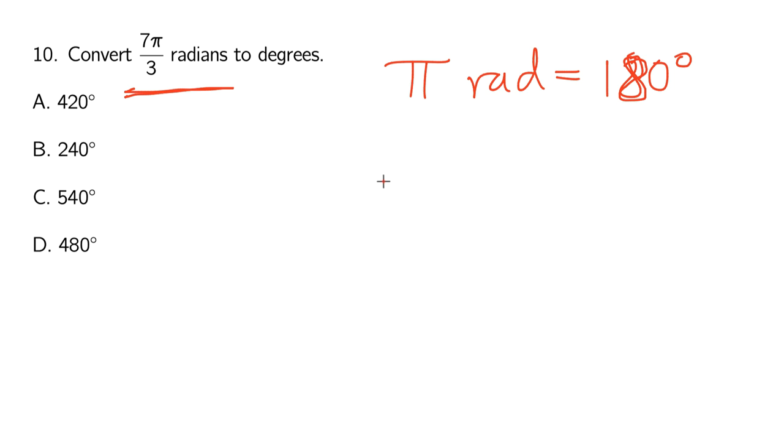If pi radian is 180 degrees, then what is 7 pi over 3 radian?